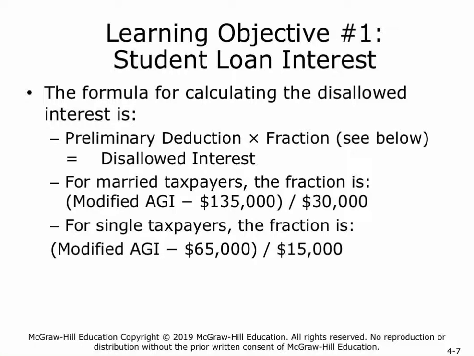And this rationale follows similarly for single taxpayers, with 65,000 entering into the single taxpayer formula, resulting in 0 divided by 15,000, or 0% disallowed. For 80,000 would result in 15,000 divided by 15,000, or 100% disallowed, and then a midpoint would be, say, 72,500 minus 65,000 would be 7,500 divided by 15,000, or 50% of the interest disallowed, enabling the taxpayer to take 1,250 for the above the line deduction.